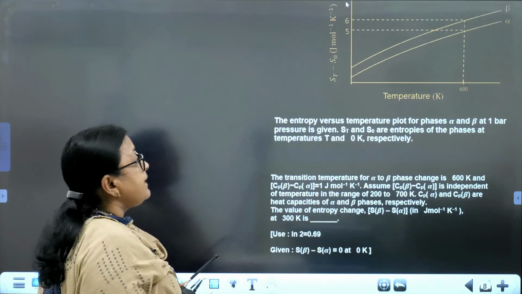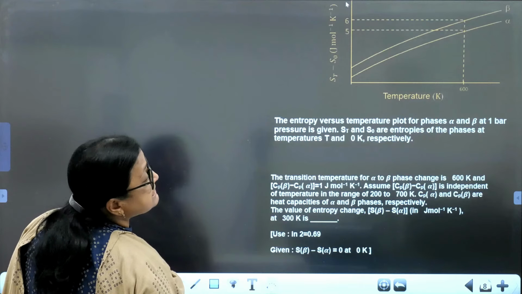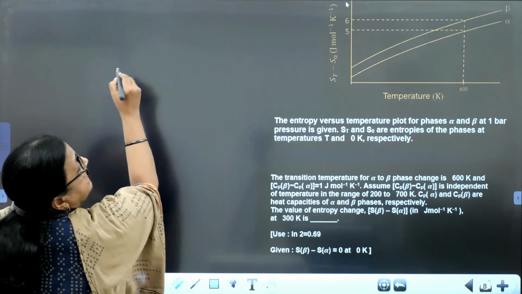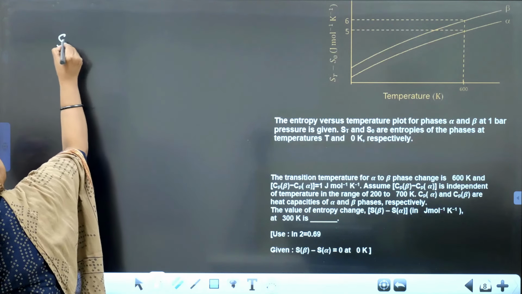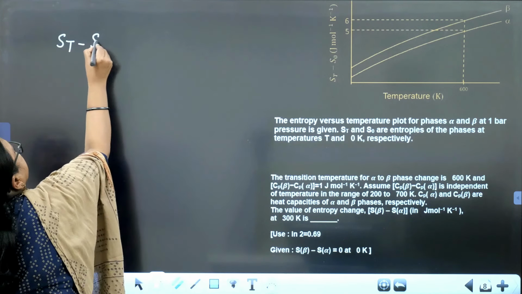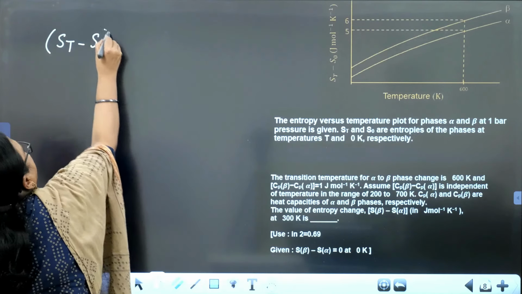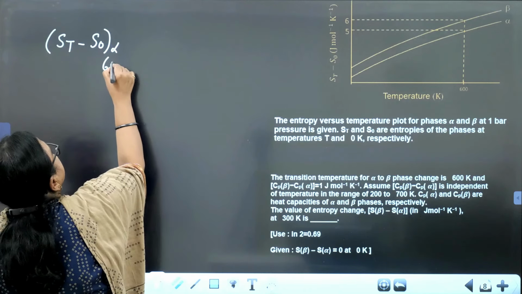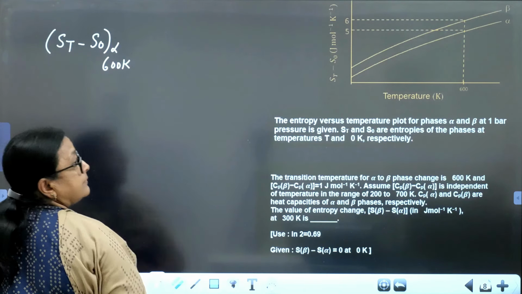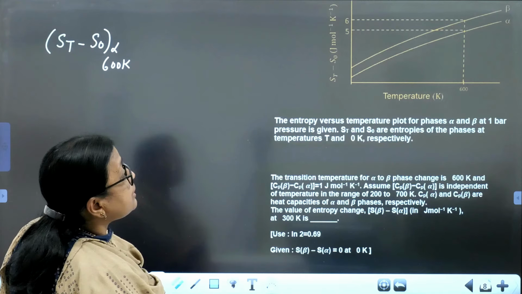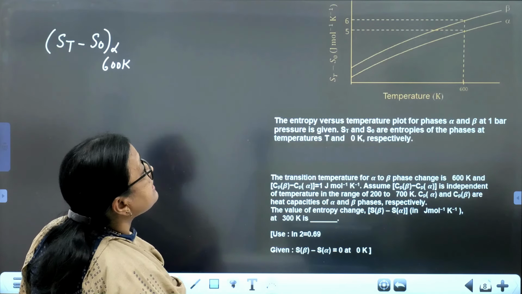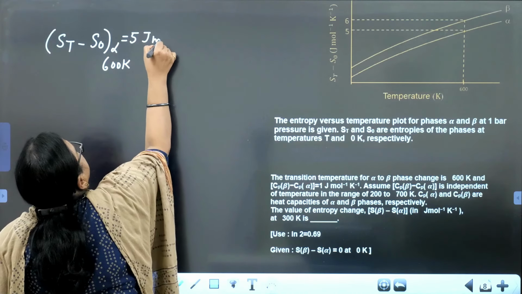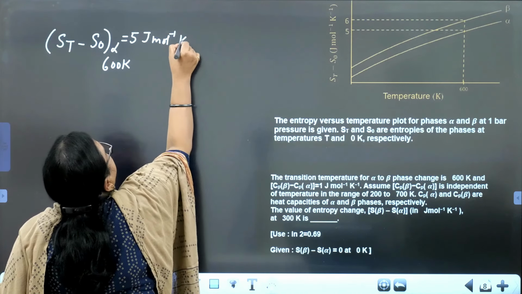Now let us see what all the data given to us. St minus S0 for the phase alpha at 600 Kelvin is given as 5 joule per mole per Kelvin from the graph.